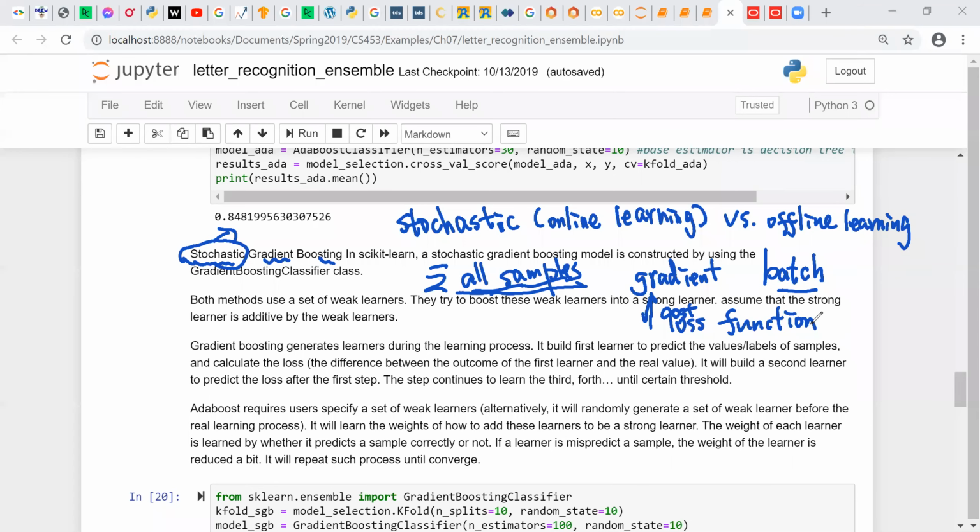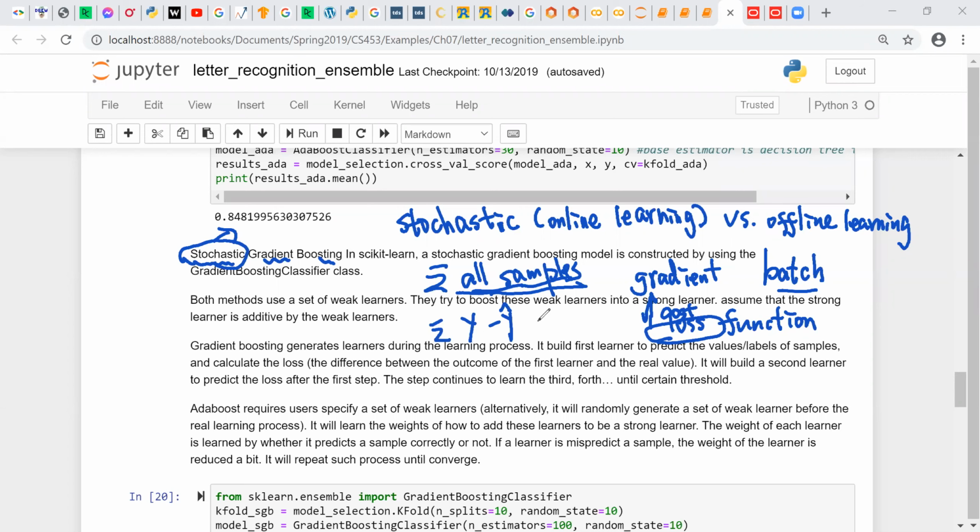And if you do batch, it's the whole data set. Then you do that summation, the loss calculation, versus the predicted, and you sum them.